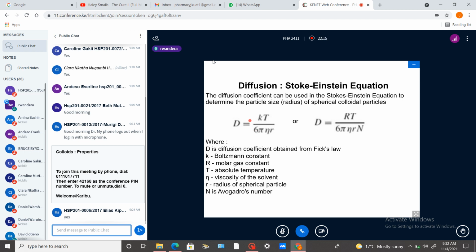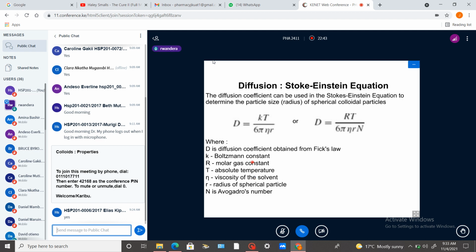So D is the diffusion coefficient that you can obtain from your Fick's law. Here k is the Boltzmann constant. Now for this case, R is the molar gas constant that is provided. T is the absolute temperature. Now this eta is the viscosity of your dispersion medium.